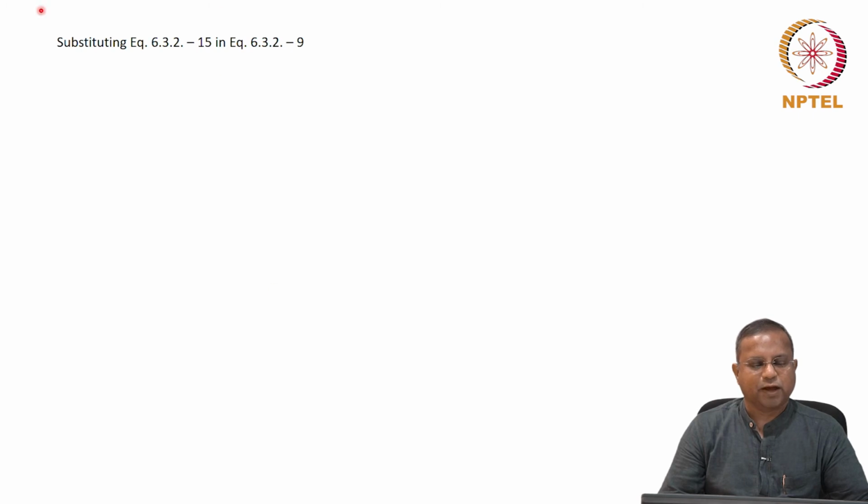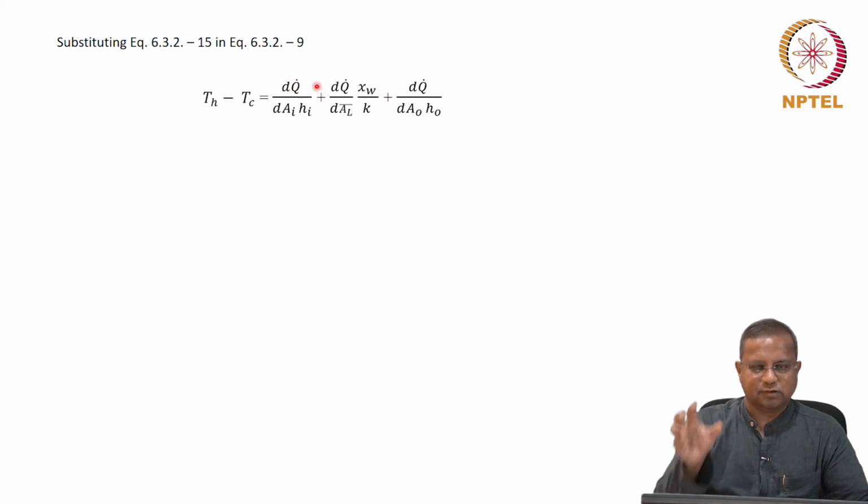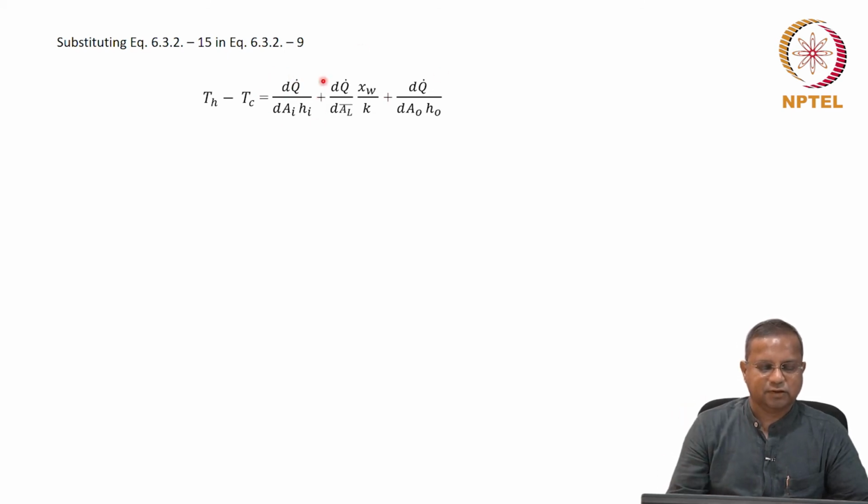If you substitute this back into the overall expression, Th minus Tc is one temperature difference on the inside plus the temperature difference at the wall plus the temperature difference at the outside.